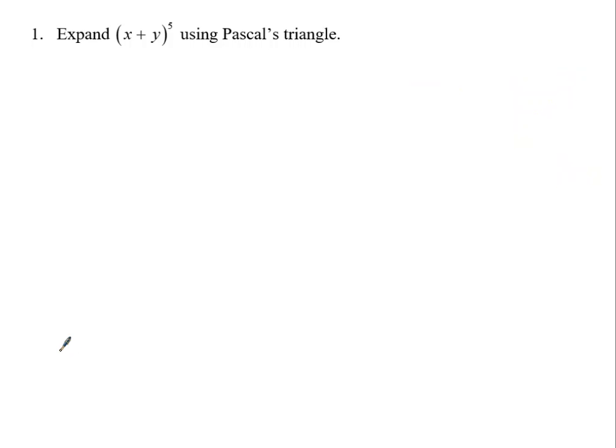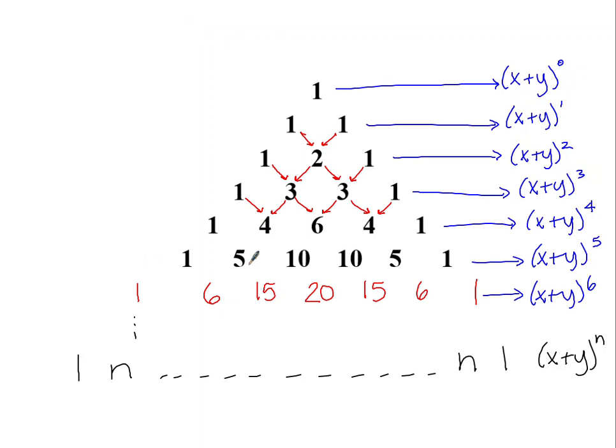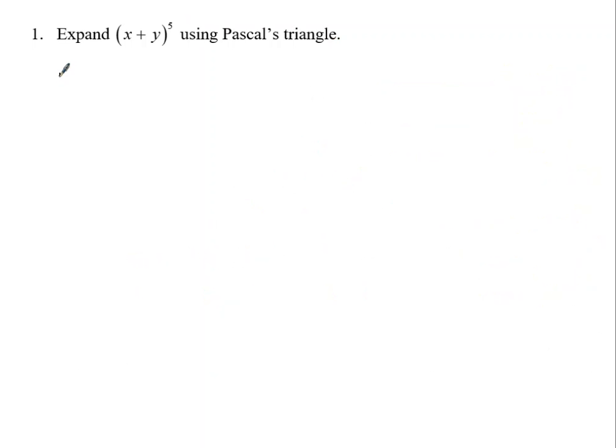So when we are raising this binomial to the 5th power, we can look at the row that starts with 1 and 5 to get our coefficients. So our coefficients are going to be 1, 5, 10, 10, 5, 1. So I'm going to write those down.